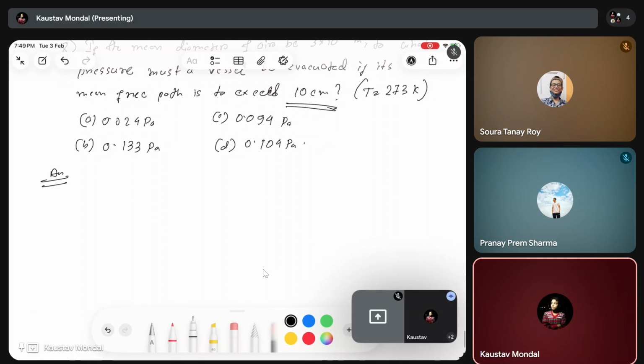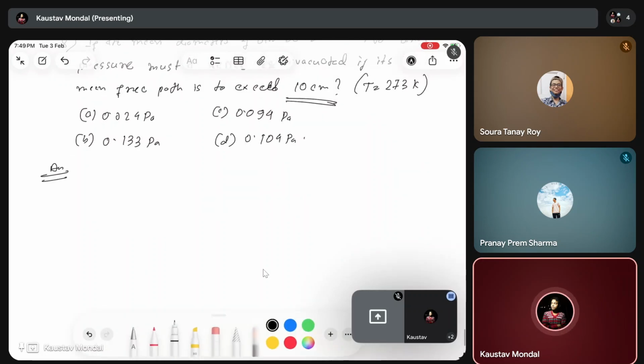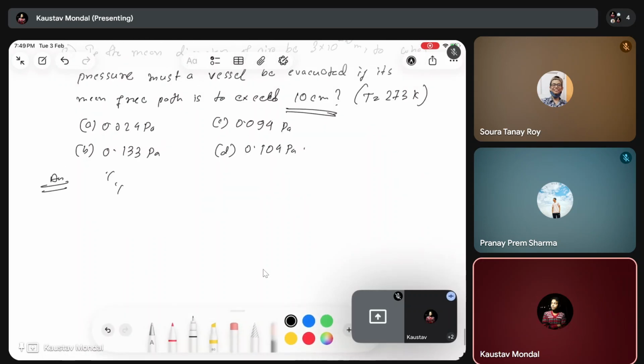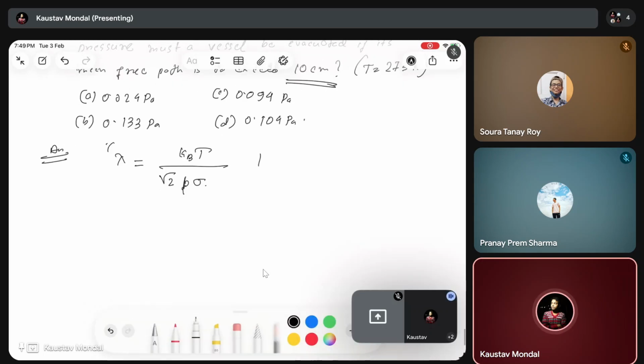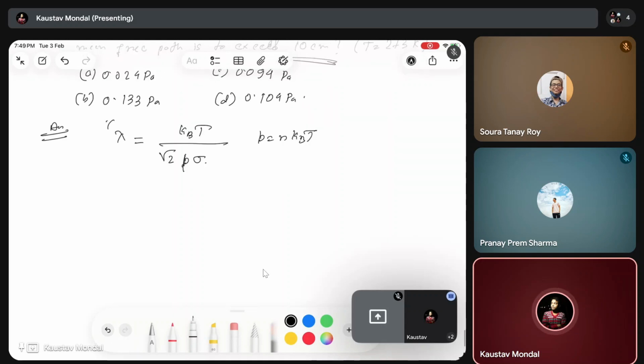Okay, the lambda is kBT by root 2 P sigma. And P is the pressure; we are considering the gas to be ideal.